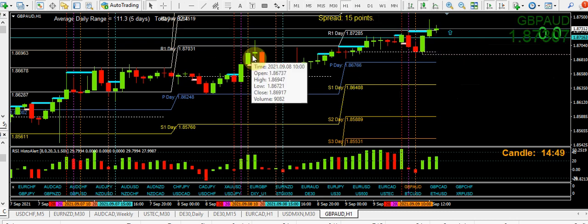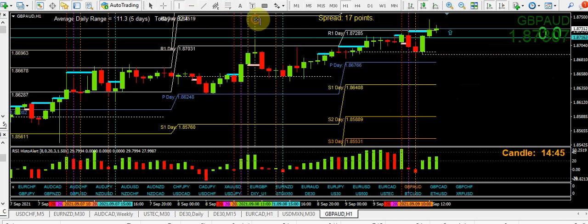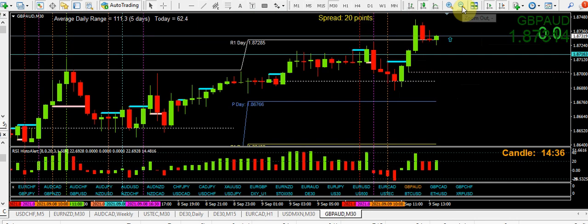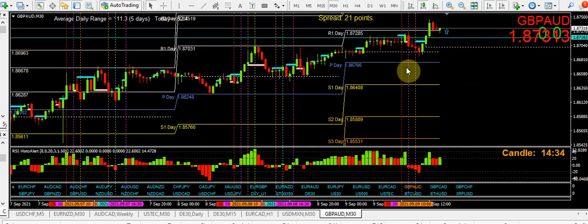I wonder if we can use this one as an example over here, to try to clarify things. Let's go on the 30-minute. No, that's not going to work as well, because we can see the wick is quite large there.